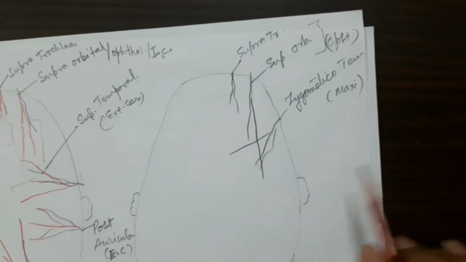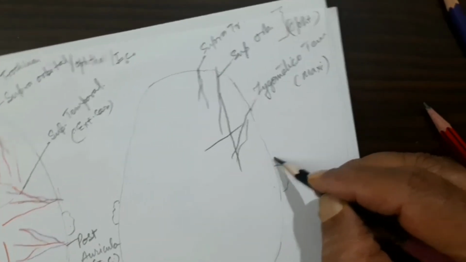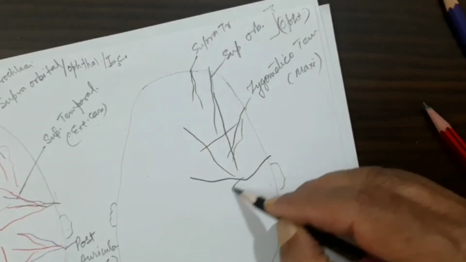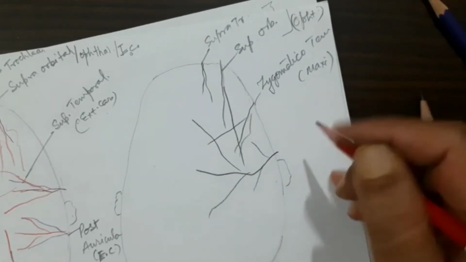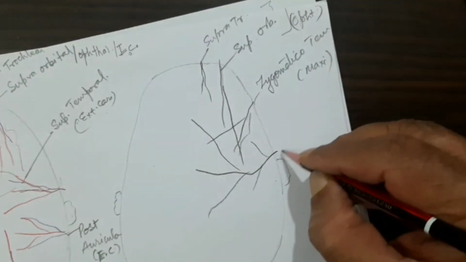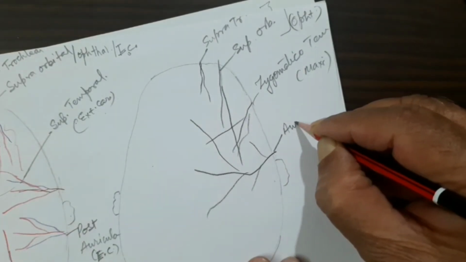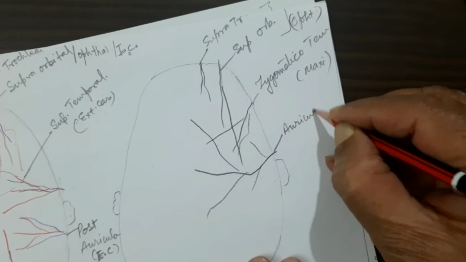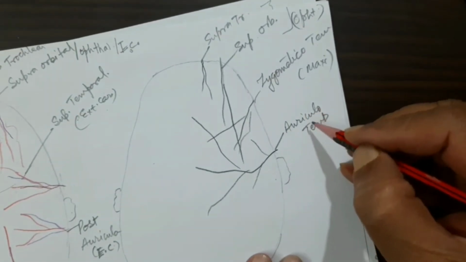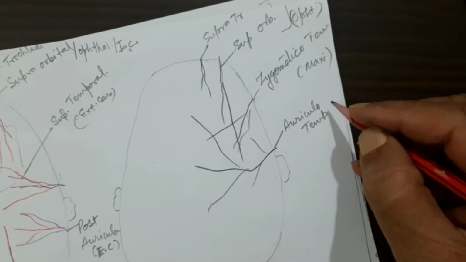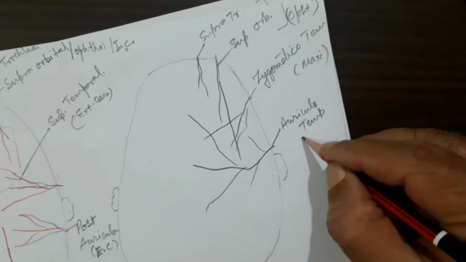Then in front of the ear there will be one more sensory nerve, called the auriculotemporal nerve, similar to the auriculotemporal artery. This is a branch from the mandibular nerve.